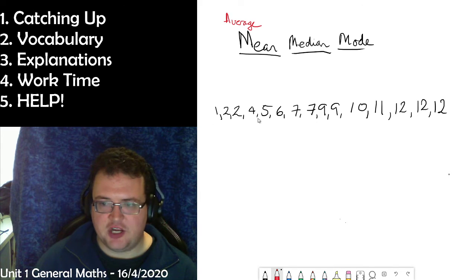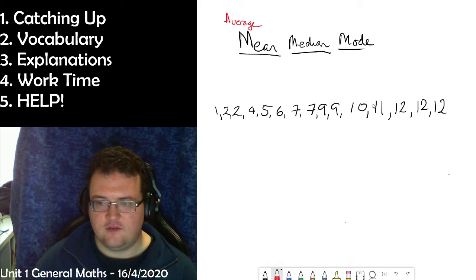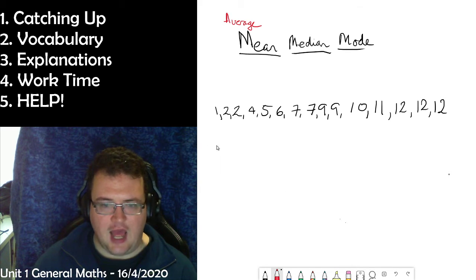What is the average of these numbers here and how do we calculate it? We need to add all these numbers up and then divide by the number of numbers. So there's 1, 2, 3, 4, 5, 6, 7, 8, 9, 10, 11, 12, 13, 14, 15 numbers. So we need to add them all up and then divide by 15.